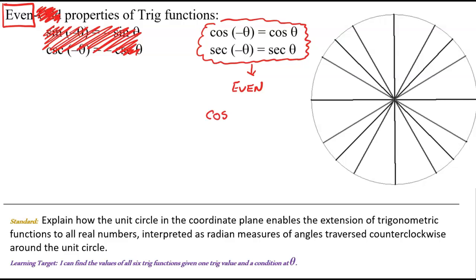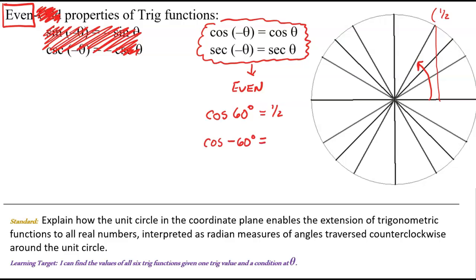So here it is. Cosine of 60 degrees. I'm choosing 60 on purpose. So 60 degrees is here. Cosine of 60 degrees, right? We already know that cosine of 60 degrees is 1/2. Numerically, okay. Now, what's cosine of negative 60 degrees?